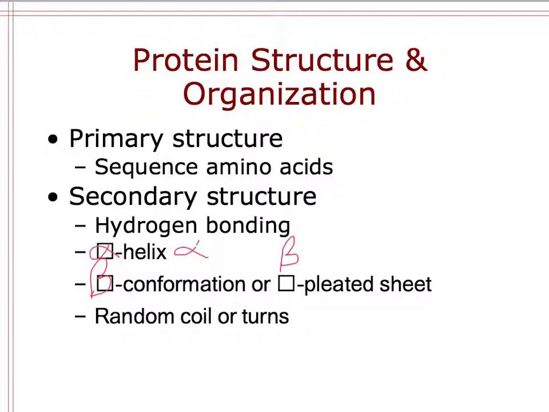Basically the secondary structure is looking at how the amino acids in the protein start to connect to each other and fold on each other a little bit. So we have just basic hydrogen bonding, this alpha helix structure that I think people are pretty familiar with. You see pictures of that alpha helix, and I'll have a picture on a slide in a minute as well, and then beta pleated sheet. And then there's random coils or turns as well that turn out to be not entirely random, but that's often how they're referred to.